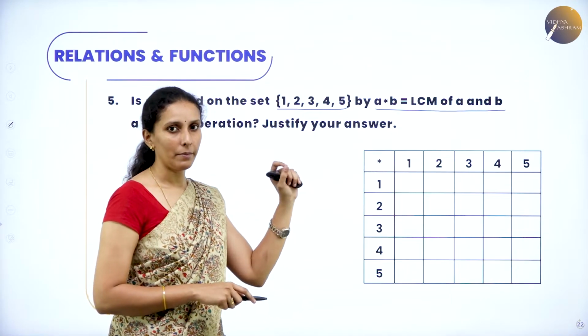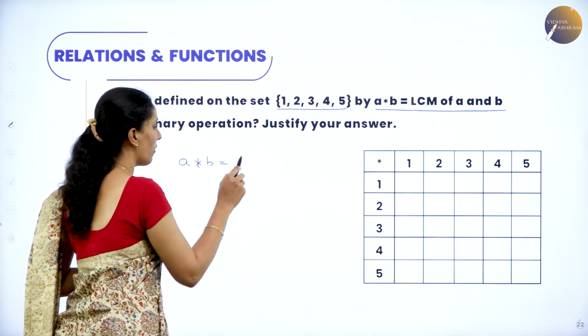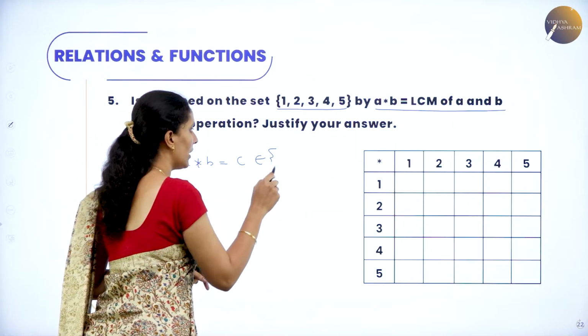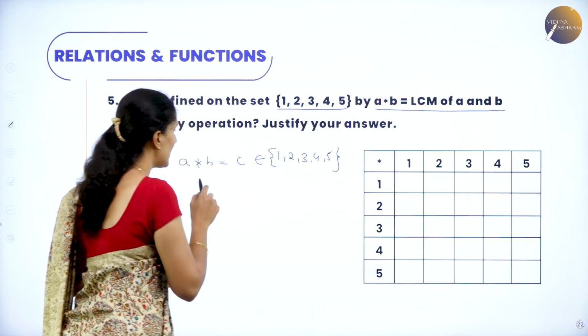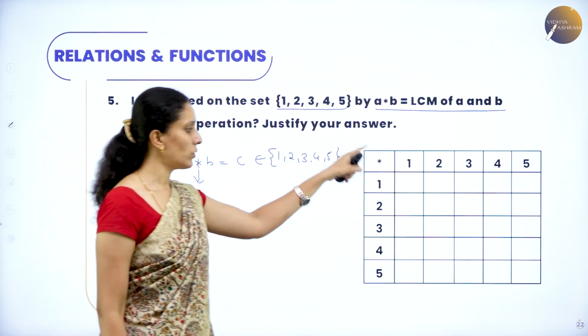So the third element, when you perform A star B, whatever the value may be, say C, should belong to this set only. Then only we say star is a binary operation. So this can be verified through this table.